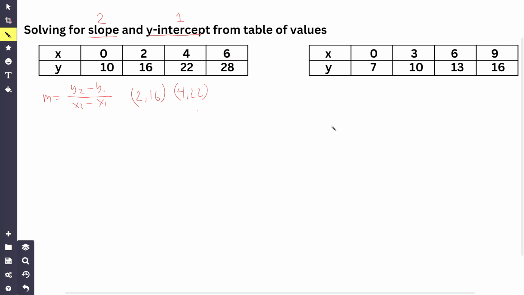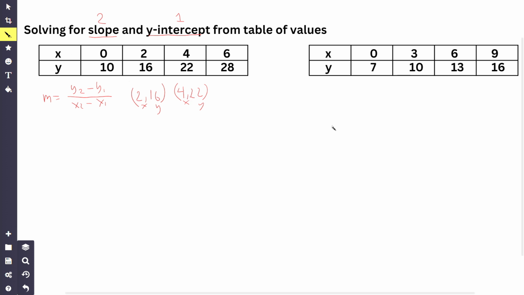So now, after we get 2 points, what do we need to do? The next thing is we have to assign our x and y, I mean x sub 1, x sub 2, y sub 1, y sub 2. Take note, this is your x, this is your y. Now we have to assign our sub 1 and sub 2. My advice is, if it's possible, please assign the sub 2 to the bigger numbers.